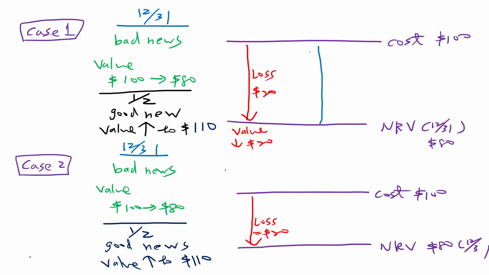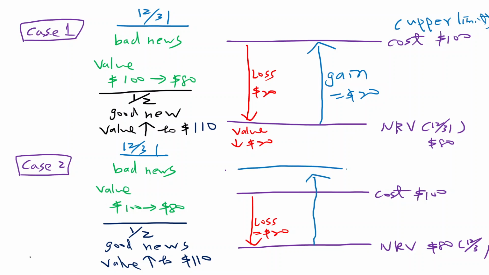Upper limit, the cost. So you could only recognize the value increase up to the cost. So what does it mean? You can only recognize a gain of 20. So that's case 1.